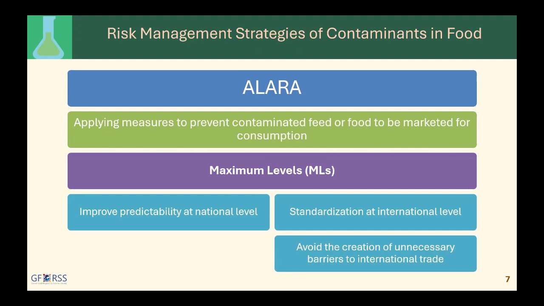That's a disturbance for international trade, right? And what are the two objectives of Codex? First, to protect the consumer, but second, to facilitate trade. So having these harmonized maximum levels will help us remove unnecessary barriers to international trade.